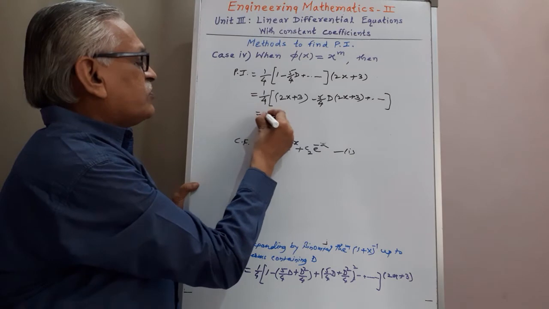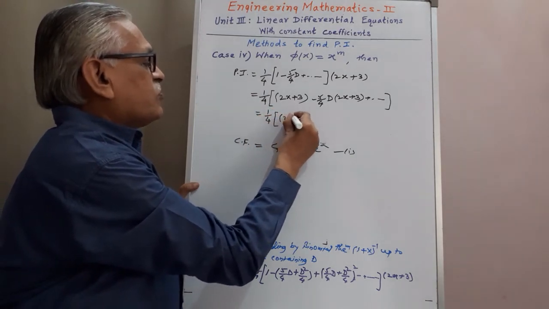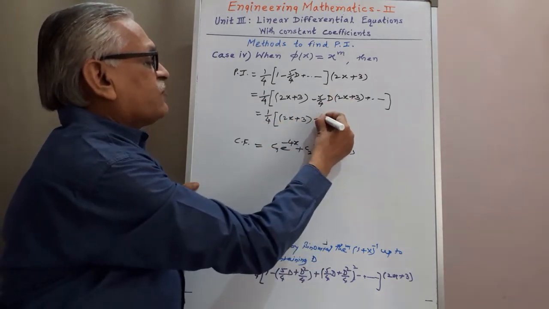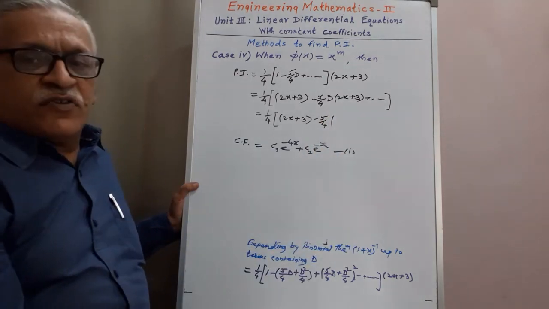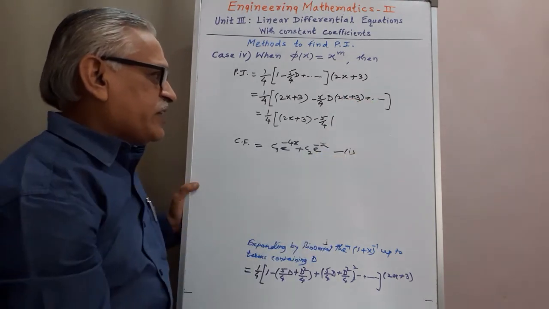It is equal to 1 by 4 times 2x plus 3 minus 5 by 4 times D of, which means derivative of all these terms with respect to x.